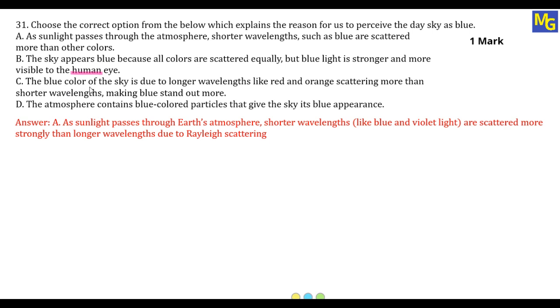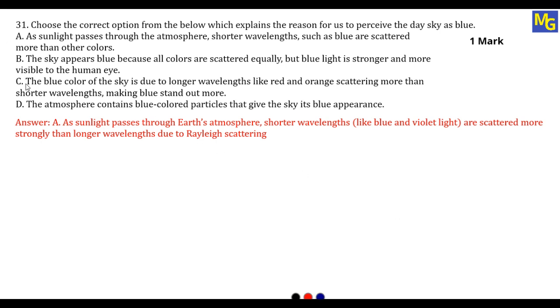Option C. The blue color of the sky is due to longer wavelengths like red and orange scattering more than shorter wavelengths, making blue stand out more. Option D. The atmosphere contains blue color particles that give the sky its blue appearance. So we have to see the correct option from all 4 given options.